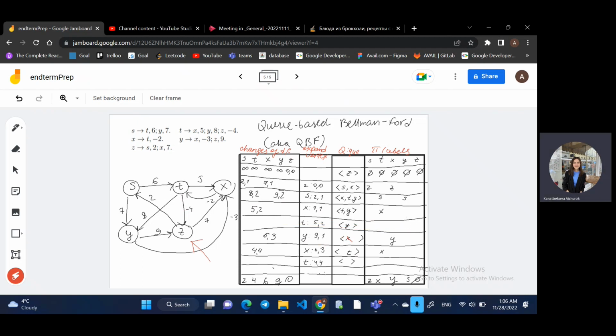And then we take out Y, because in the Q we still have Y. So we take out Y, and its values are 9 and 1. And we look at Y, it has one outgoing edge to Z and one to X. And so what we do is we add this value, so 9 plus 3.